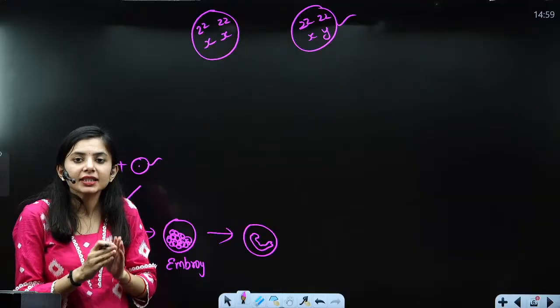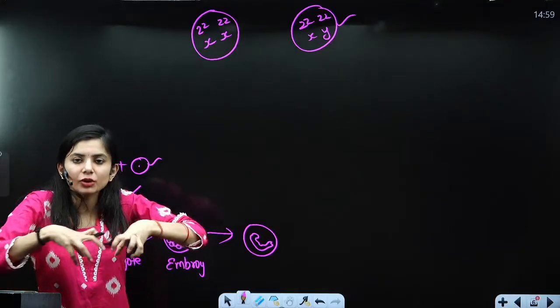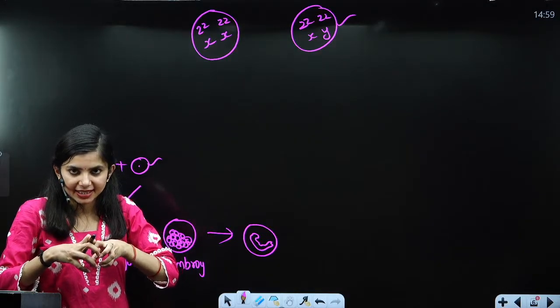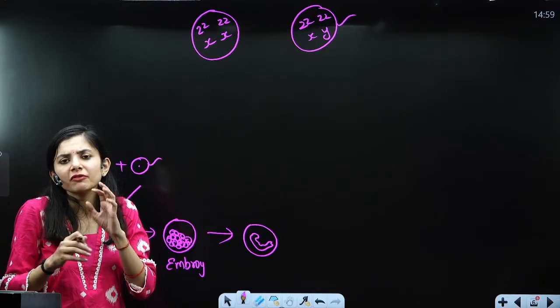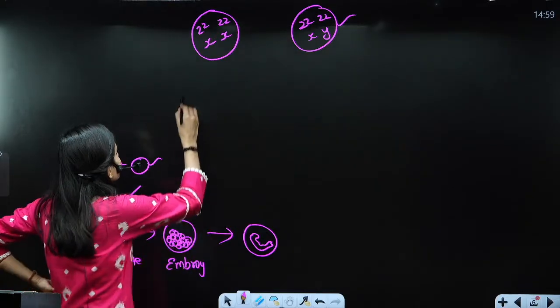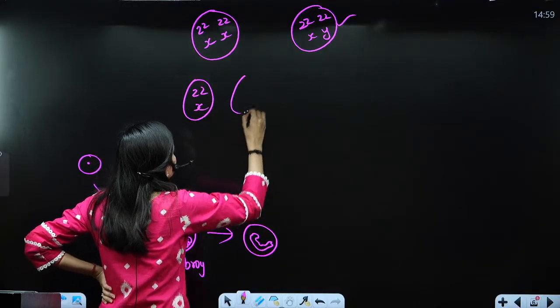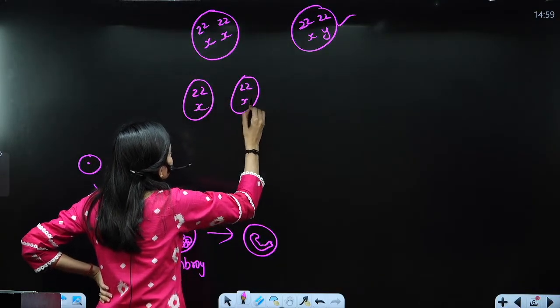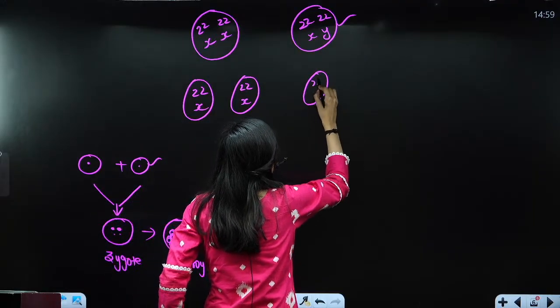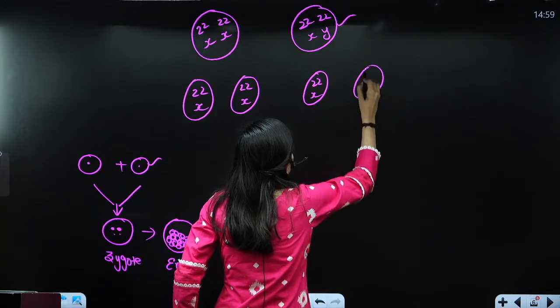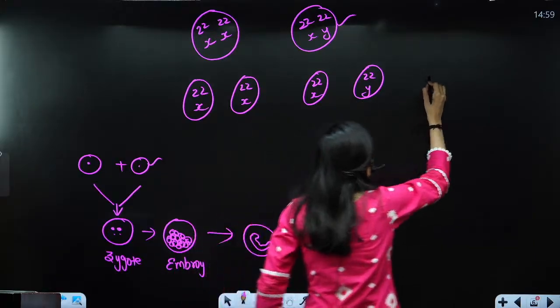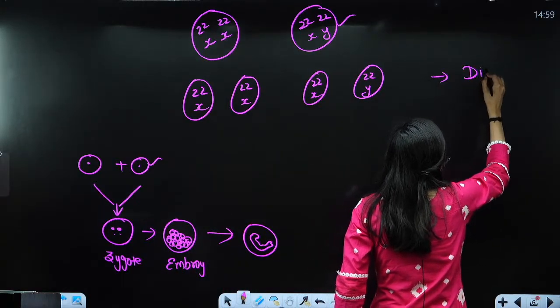Because there is the fusion of the sperm cell and the egg cell, there is going to be one basic process. How is this basic process going to be determined? Like this is how disjunction would happen. So this process is called what? Disjunction.